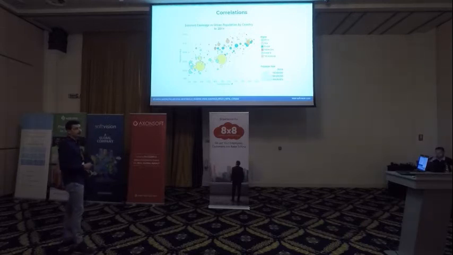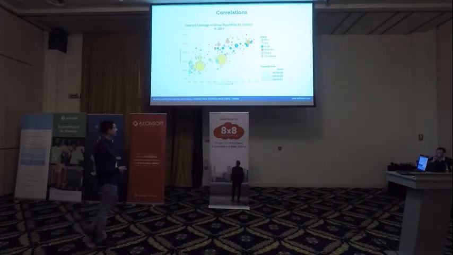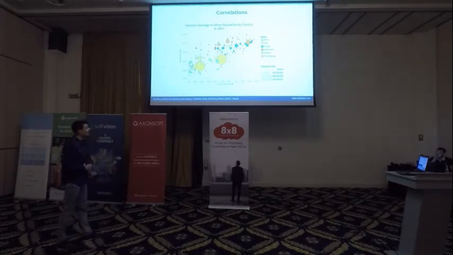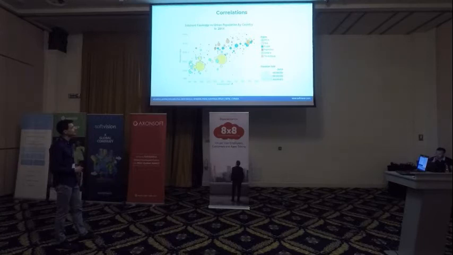Let's take a case. This is China, the biggest country. It has around 50% internet coverage, and around 42-43% urban population. Taking India, we can see that it's at around 20% internet coverage with 25% urban population.